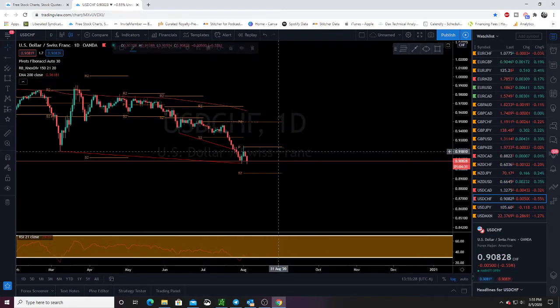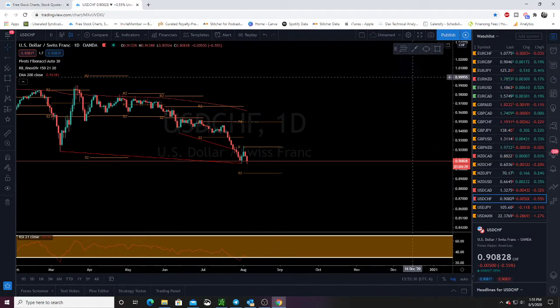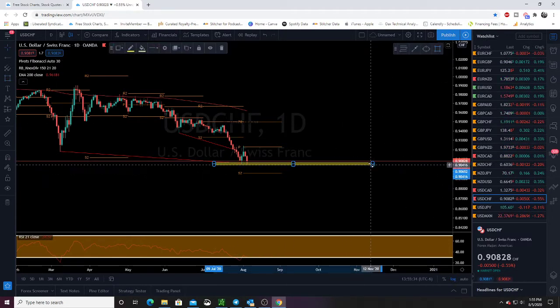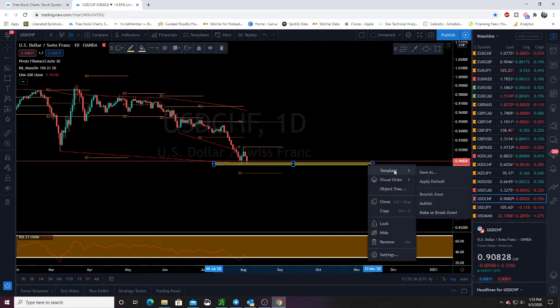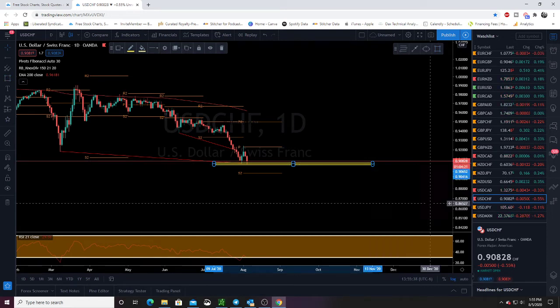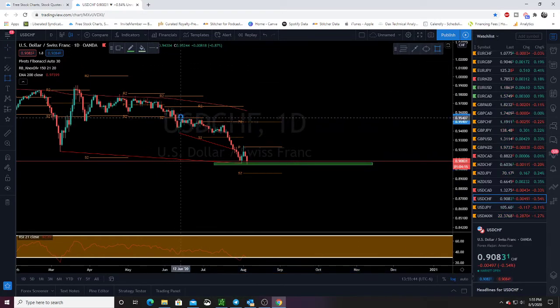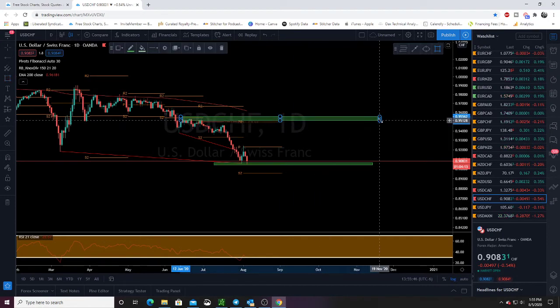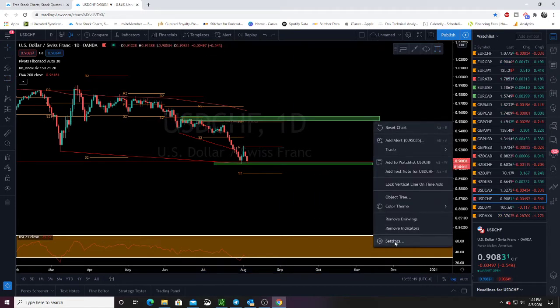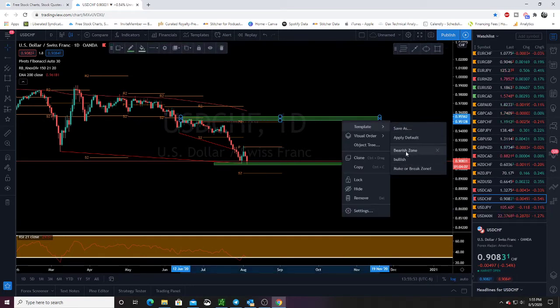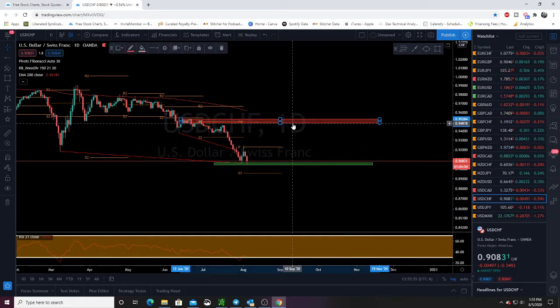We got that bounce, but it's a double bottom now, so I'm going to call this bullish. I'm not necessarily bearish until I see what happens up here. Pretty good breach there. I'll put the letters in later.